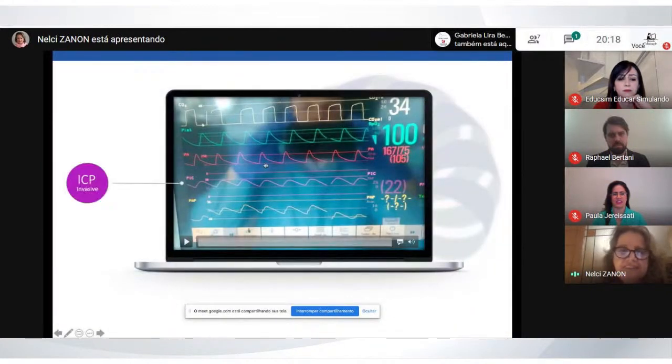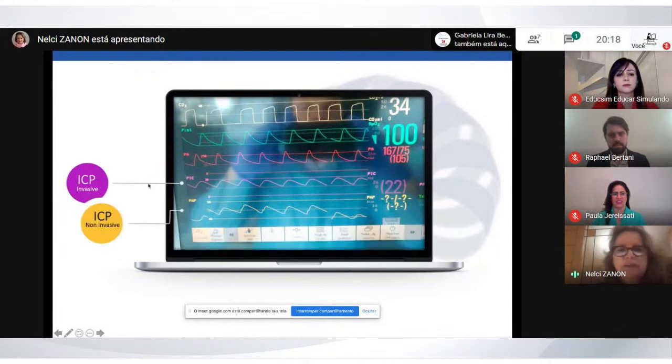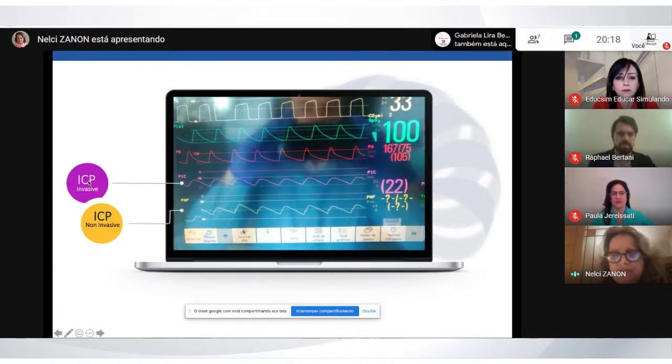We can ask, well, yes, Nelci, you are telling me that we are seeing the waves, but are these waves really the same as those we have in the invasive intracranial pressure or ICP monitoring case?